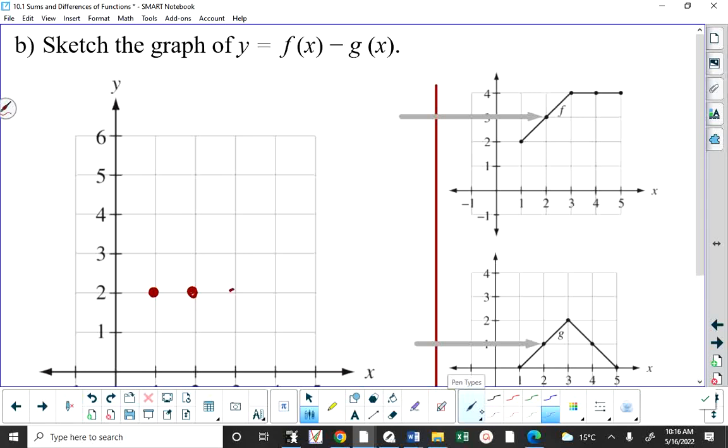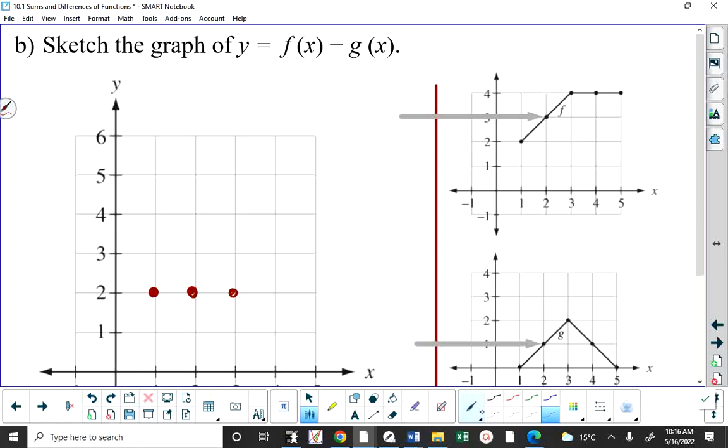If we repeat for the next one, we will also get 2 because these lines are parallel. They have a vertical distance that's the same between each of them. One of these lines is exactly 2 above the other line. So when you subtract all those points, you get 2.